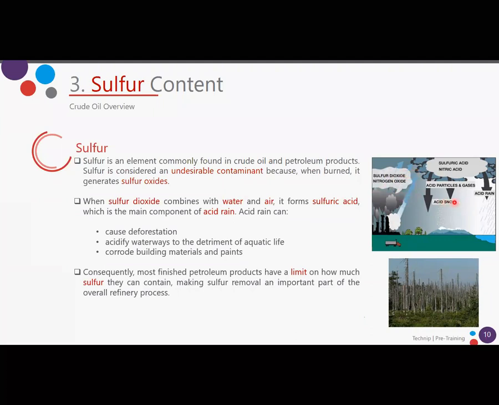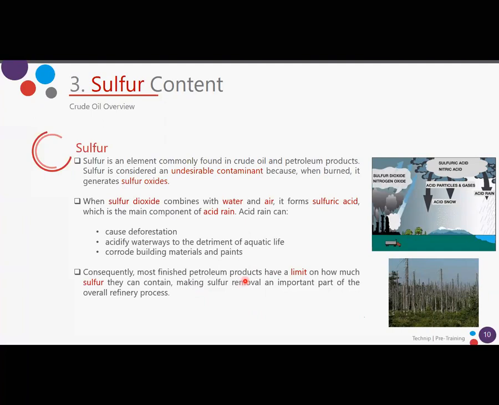Combined with water, they will create sulfuric acid and nitric acid, and then will create the acid rain. Of course, also acid snow, acid particles, and gases. The main consequence of acid rain is deforestation.